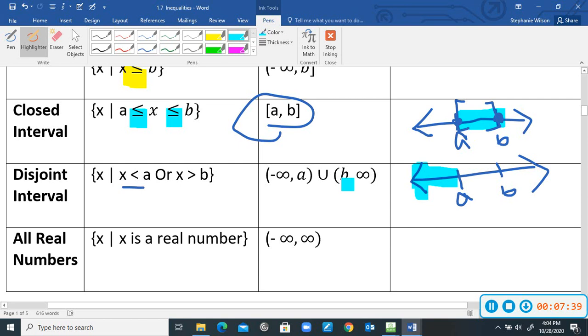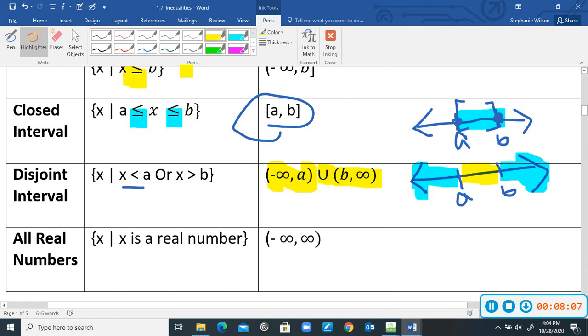And then it said x is greater than b, so I need to go off in this direction to the right. So if you notice, the points between them are not included. So we're going to say negative infinity to a, and since it's not an equal sign, we're going to have a parenthesis here, right? And we're going to call it a union, right? We're going to say or b to positive infinity.